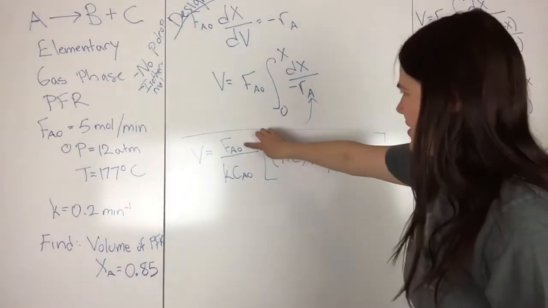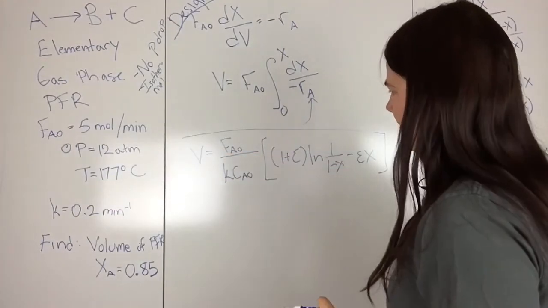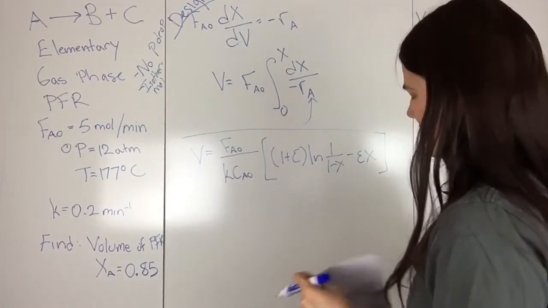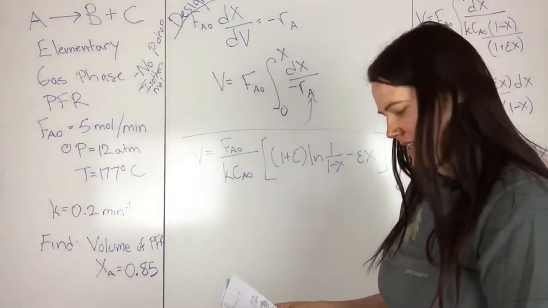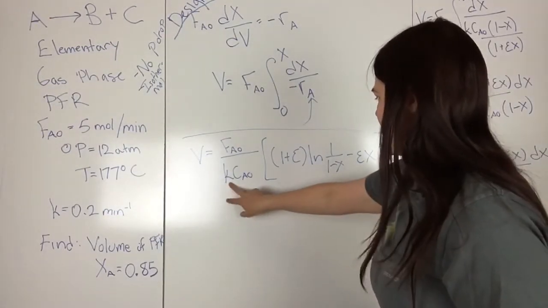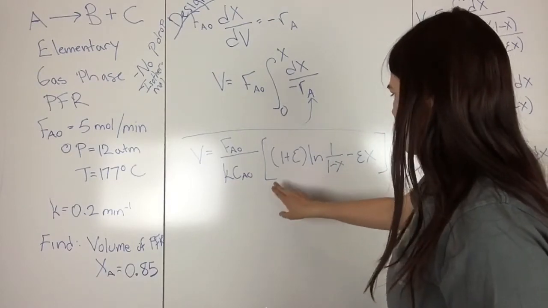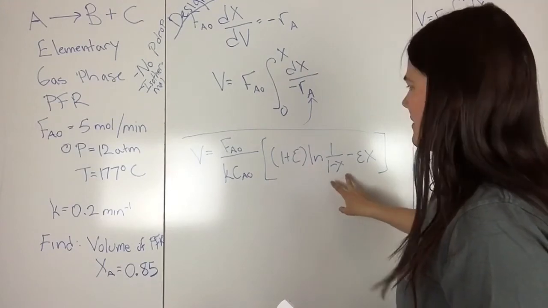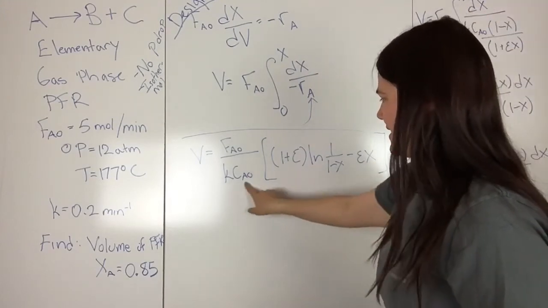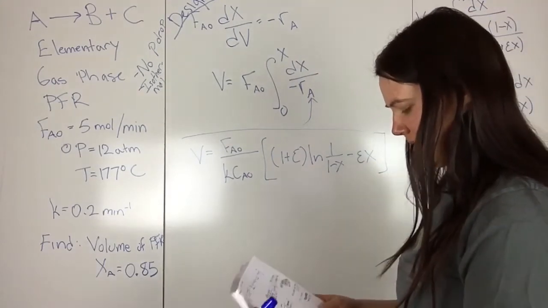We know this because it was given. We can calculate Ca naught from the gas law. We know this because it was given. So we need to calculate epsilon. We know x. So we need to calculate Ca naught and epsilon.